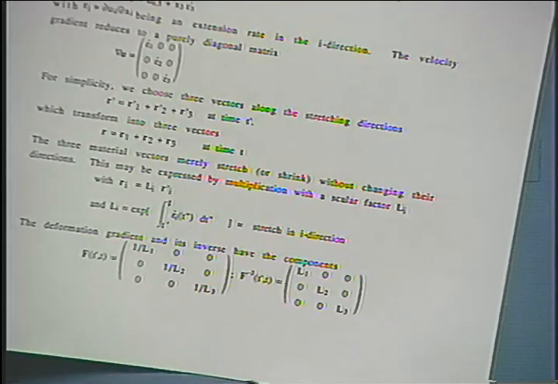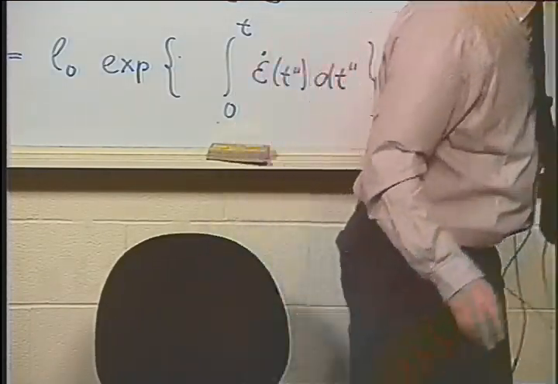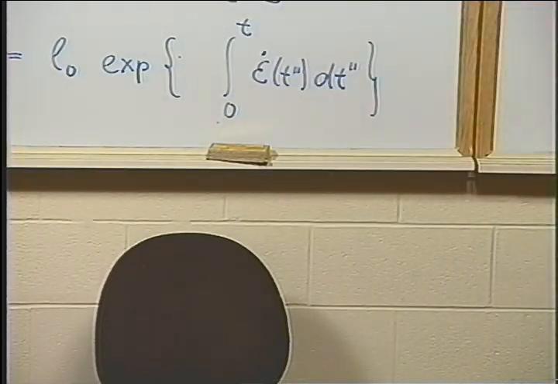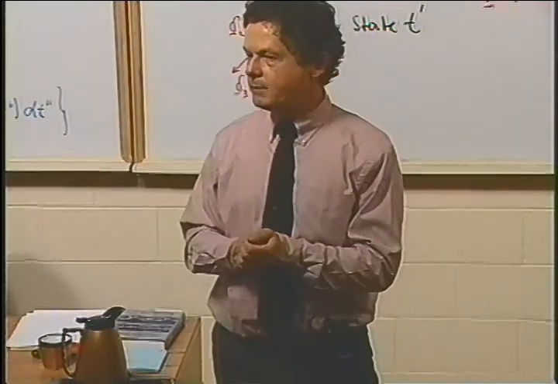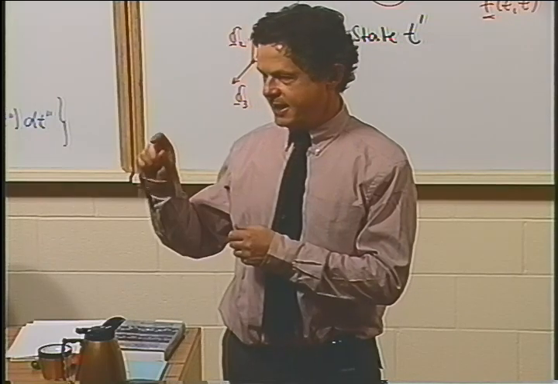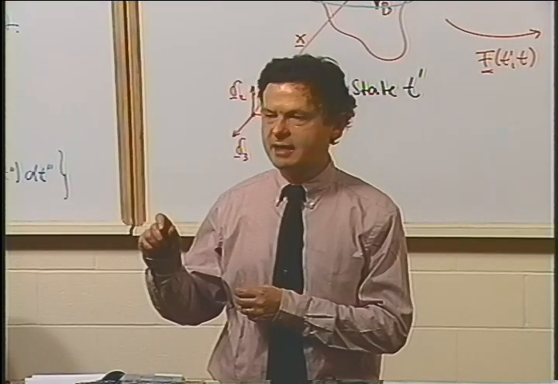So to bring this to conclusion, what we discussed today: we looked at small material lines in a deforming material. Small means that we look at lines which stay straight during the deformation.